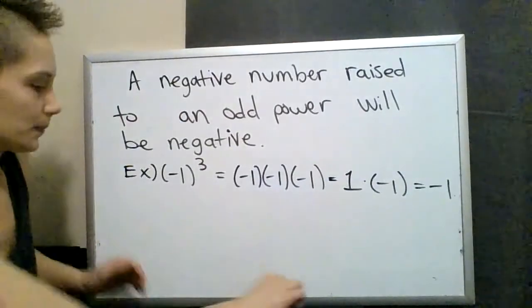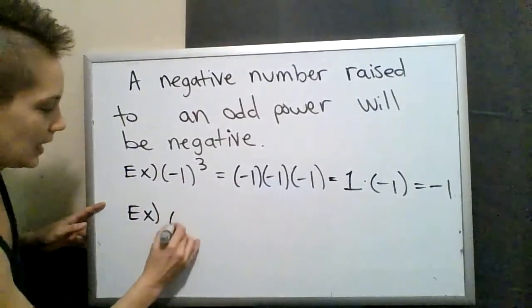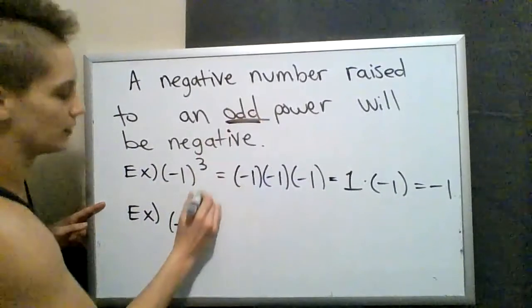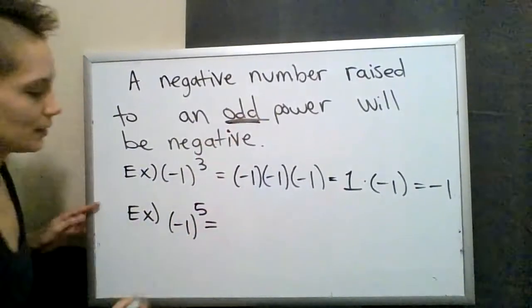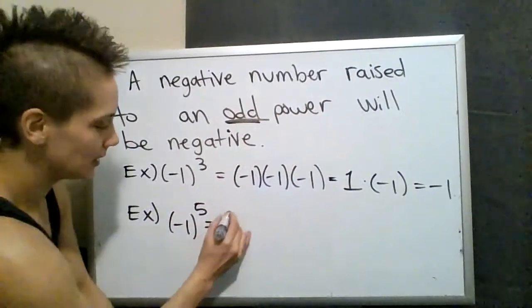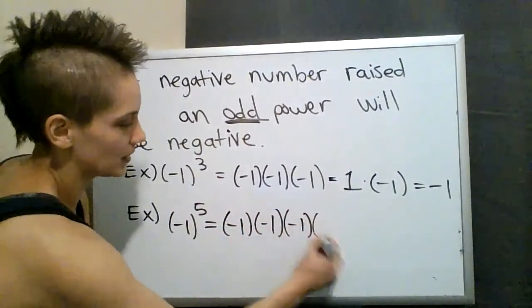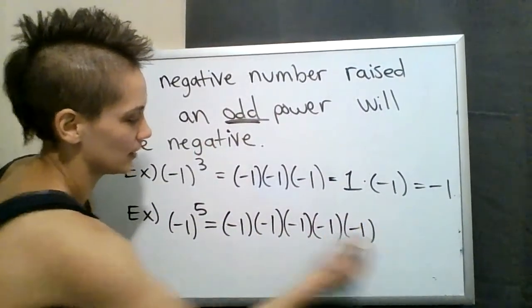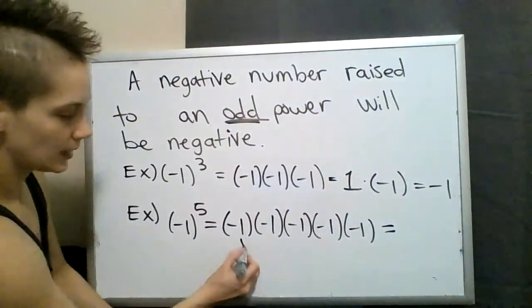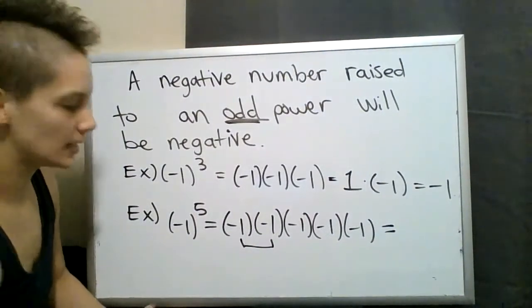Let's do another. -1 to some other odd power. -1 times itself. These two -1s multiplied together are 1.